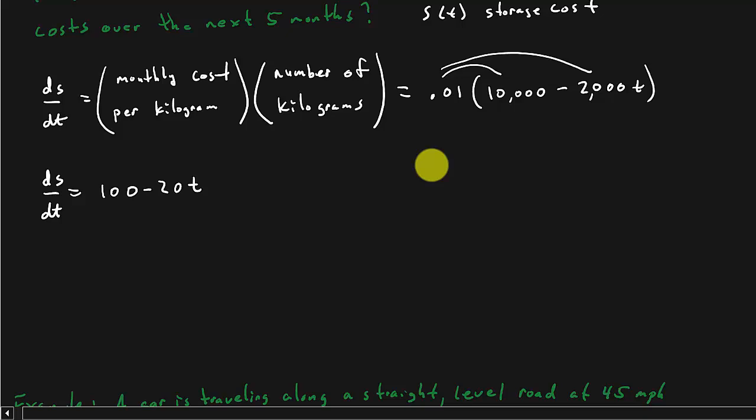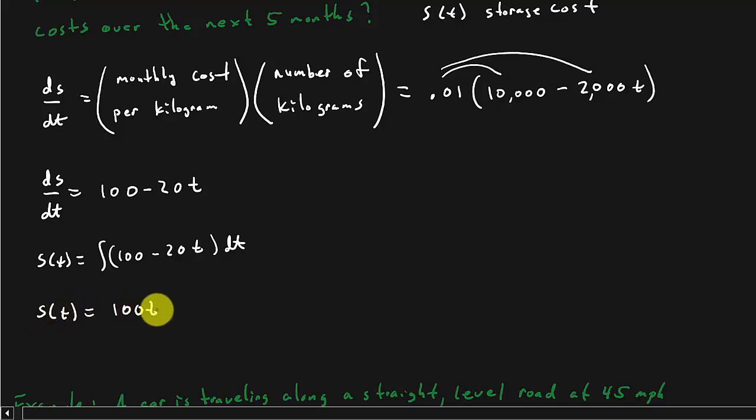And so now I get s(t) is equal to the integral of 100 minus 20t dt. So s(t) is 100t minus 10t squared, right?